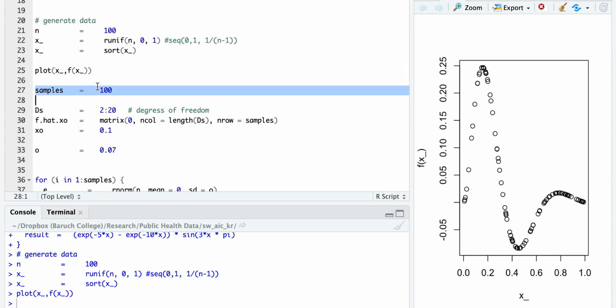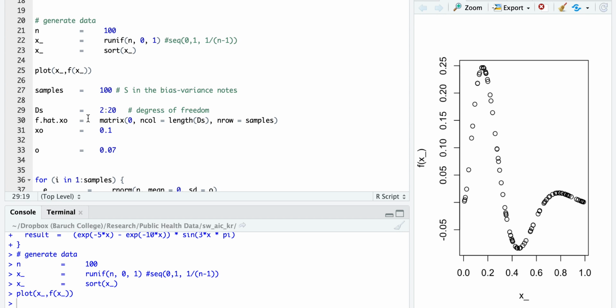The number of samples that I chose, S in the notes, is here 100. So this is S in the bias variance notes. And we want to find the bias and variance for a family of models, and those are the smoothing splines, which have degrees of freedom from 2 to 20.